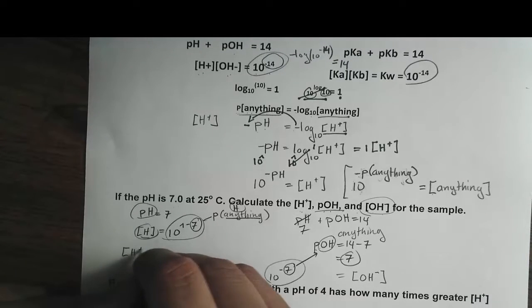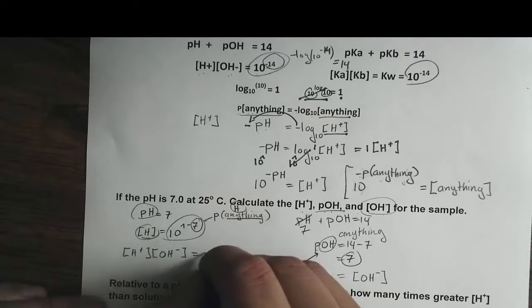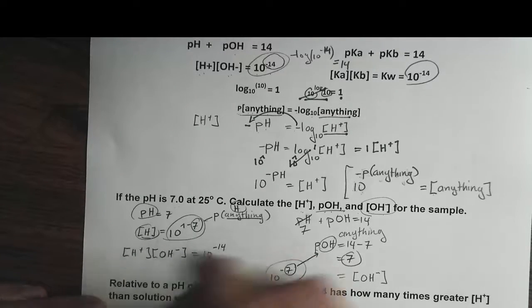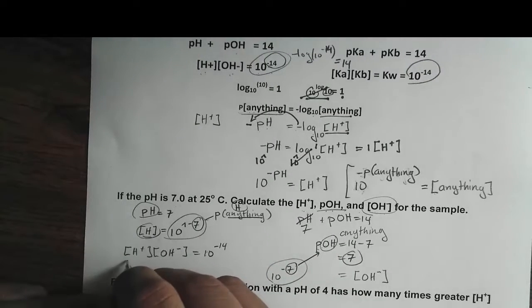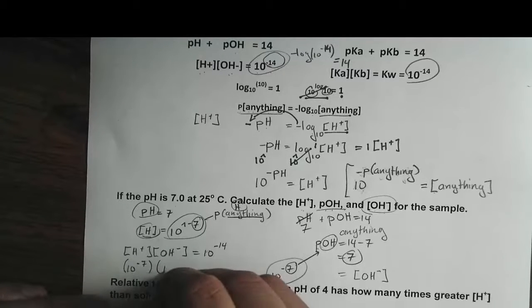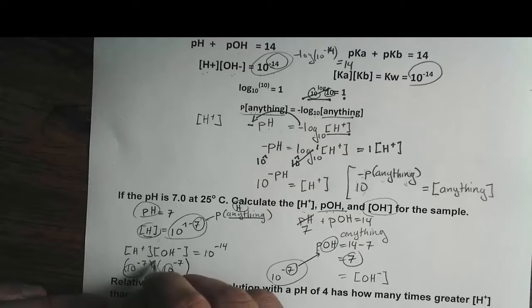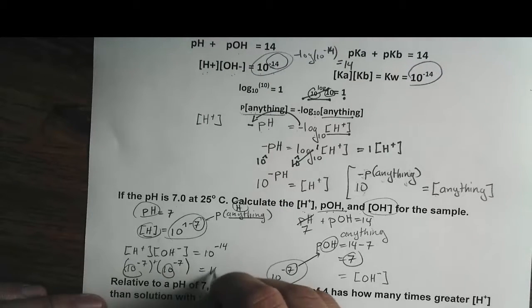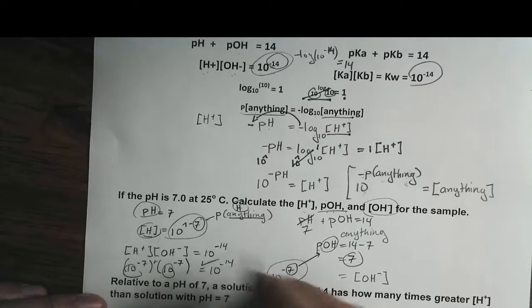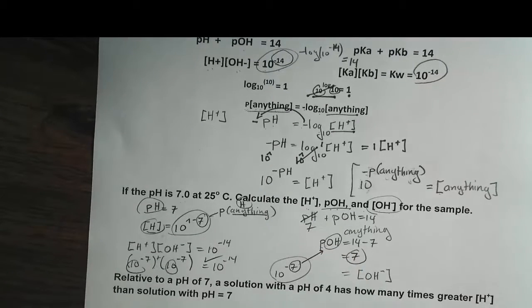So H plus times OH minus in terms of concentration equals 10 to the negative 14. Is that really happening here? Well, let's look at this. 10 to the negative 7 times 10 to the negative 7. Well, the base is the same, so you just add the exponents together, which turns out to be 10 to the negative 14. And there you go. And that's how you prove that it's actually working.